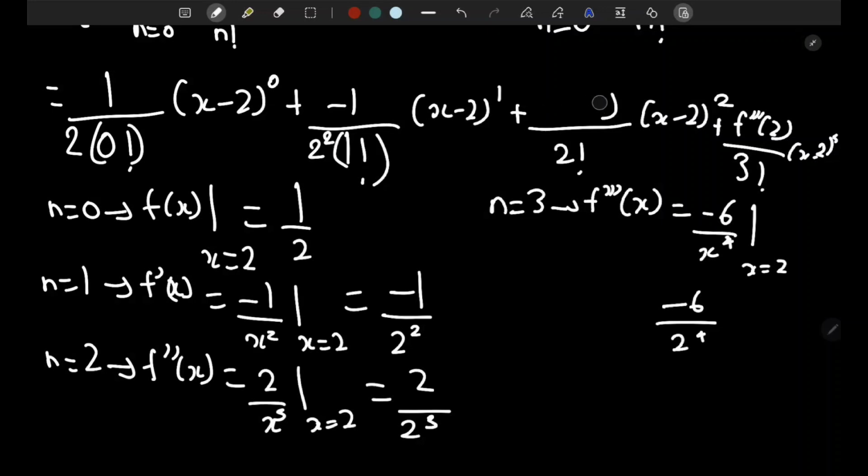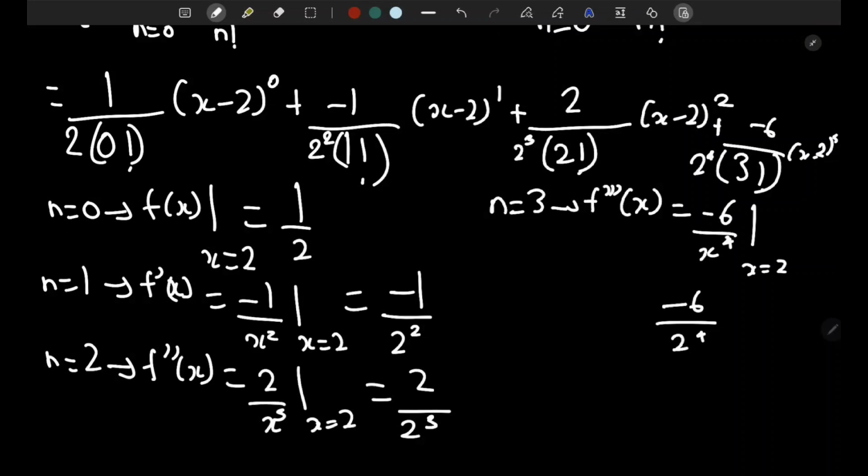So f double prime is 2 over 2 to the power of 3, so 2 and then 2 to the power of 3 here, and then f triple prime was negative 6 over 2 to the power of 4, so negative 6 and then 2 to the power of 4.